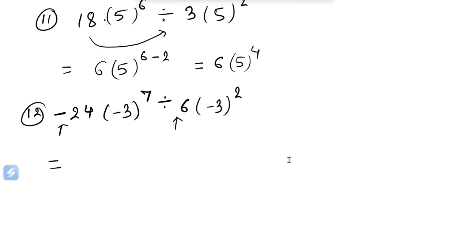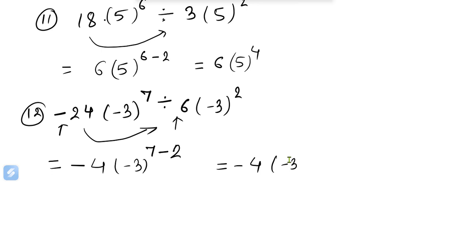So sign remains negative. Now 24 is divided by 6, which is 4. So minus 3 is exponent 7. And because of division sign, we just write minus 2, which is now minus 4. Then minus 3, the exponent is 5.